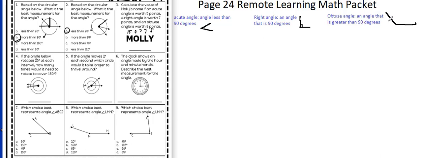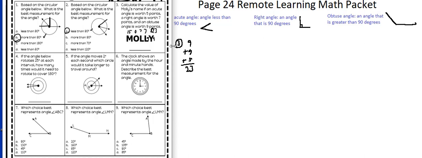An obtuse angle is worth 9. So 9. So the letter Y is, let's just show our work over here. 9 plus 9 plus 5, so 23 would be the value of the Y.